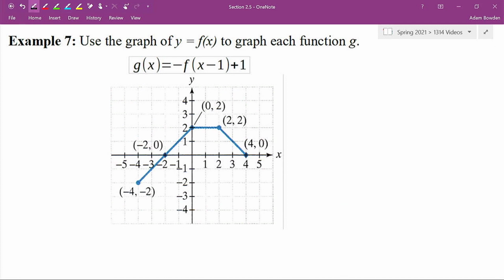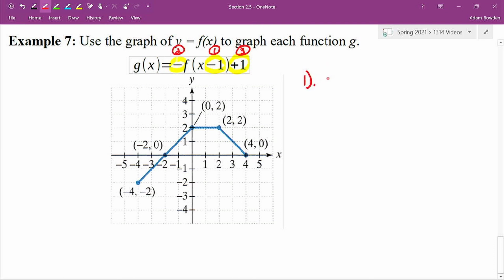On this one, it says we're going to graph g of x by using the graph of f of x. g of x is negative f of (x minus 1) plus 1. We notice that there are 3 transformations here to take care of: a horizontal transformation, a reflection, and a vertical transformation.